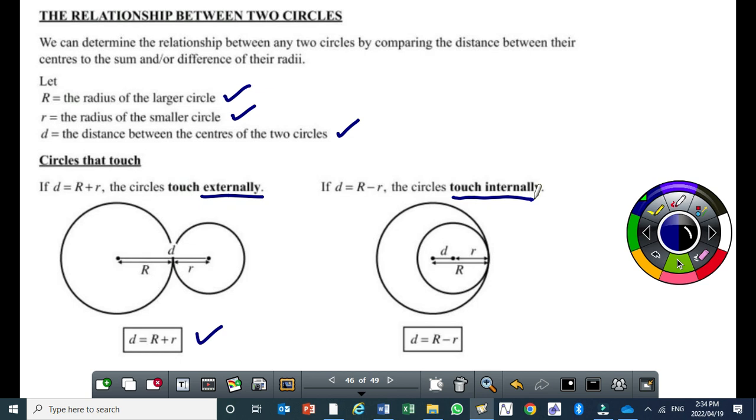Then check if the sum of the two radii is equivalent to the distance between their centers. If they are equal, then the two circles touch externally. If the distance between their centers is less than the difference between the two radii, then the circles touch internally. That's all.